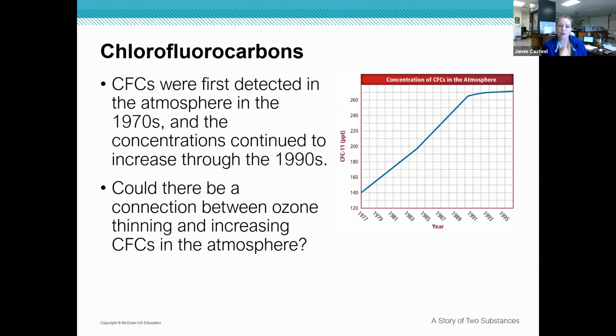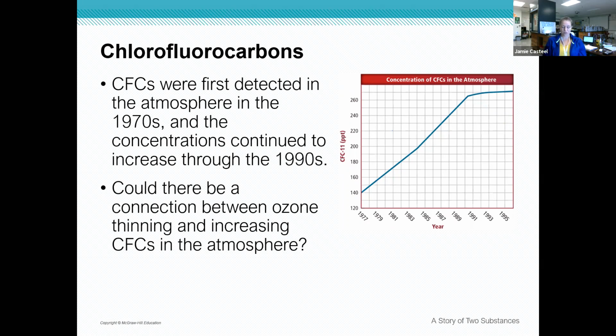That would show up on our graph, 1 out of a trillion. This is 140 parts in 1977. 140 parts of air, or 140 parts of CFC per trillion parts of air. Okay.